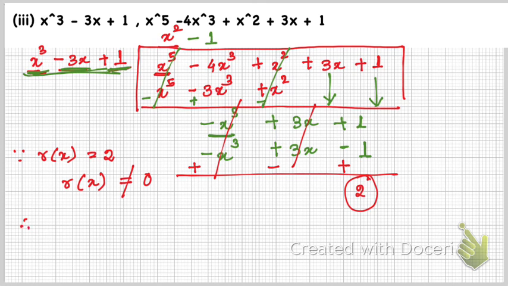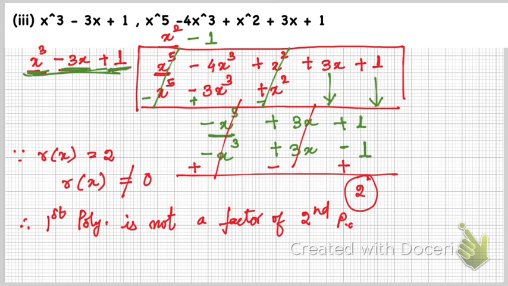Therefore you will write that the first polynomial is not a factor of the second polynomial, because we know that for being a factor the remainder should be equal to 0, but in this case since the remainder is not equal to 0, the first polynomial, this one, is not a factor of this polynomial. Thank you.